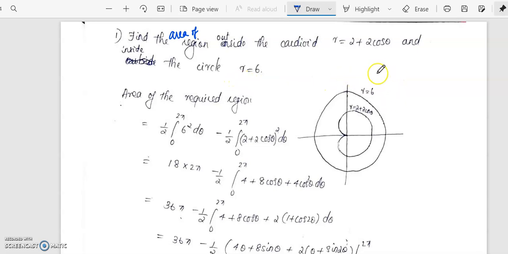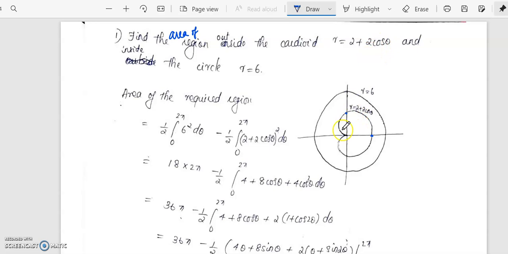So here we have the cardioid r equal to 2 plus 2 cos theta. When theta is equal to 0, the r value is 4. When theta equal to pi by 2, the value of r will be 2.